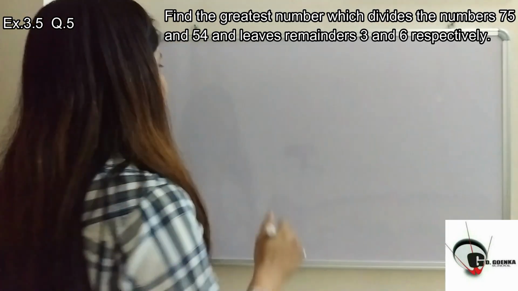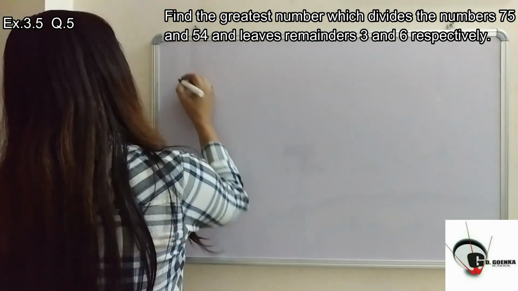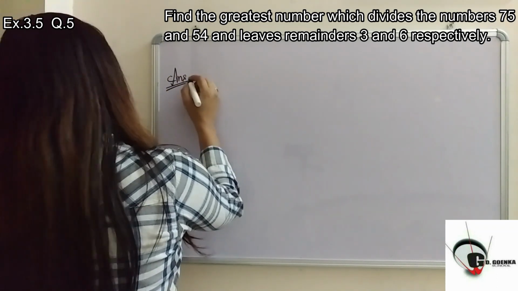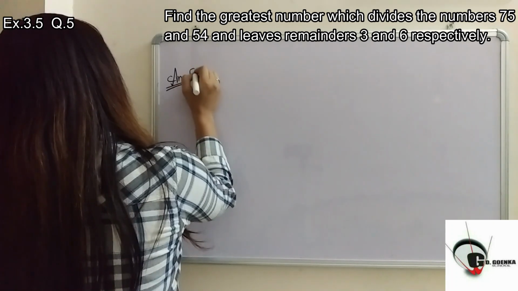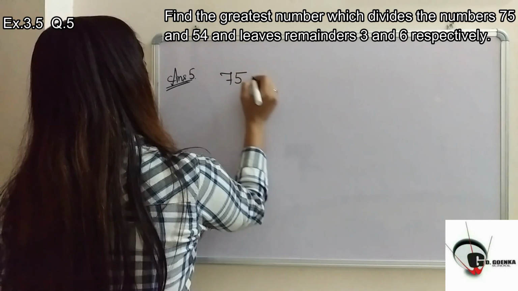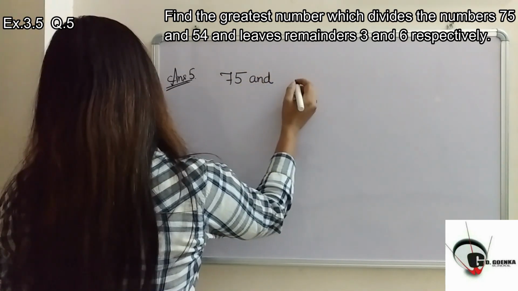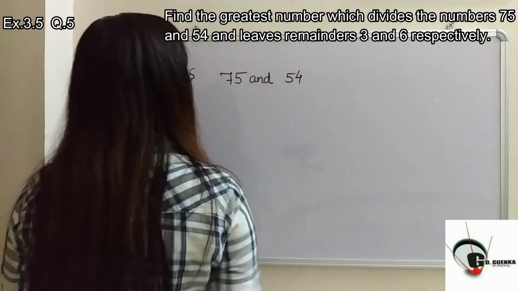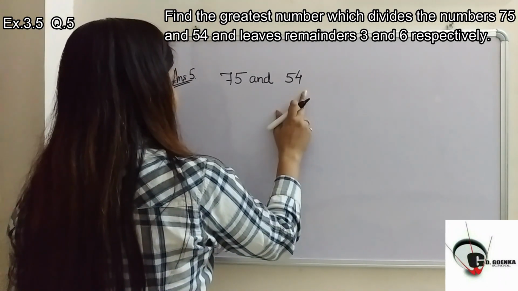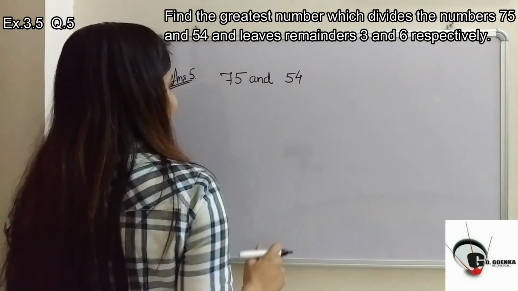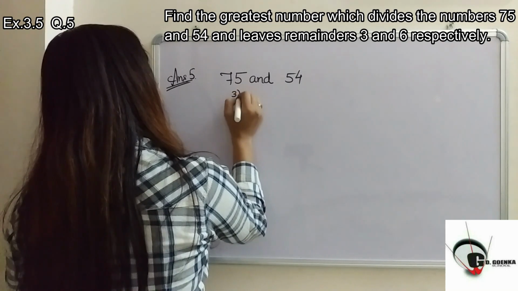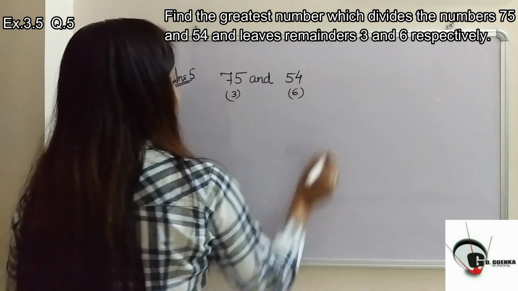Let us see the solution. This is answer number 5 of this book. We have the numbers 75 and 54 and they're asking for the greatest number which divides these two numbers, leaving remainder 3 and 6 respectively.